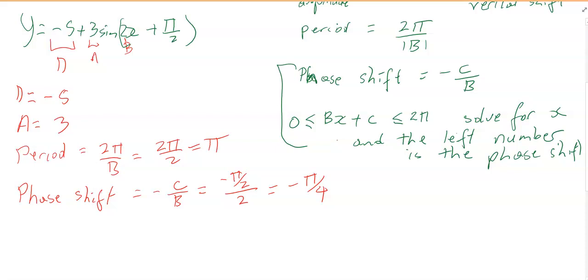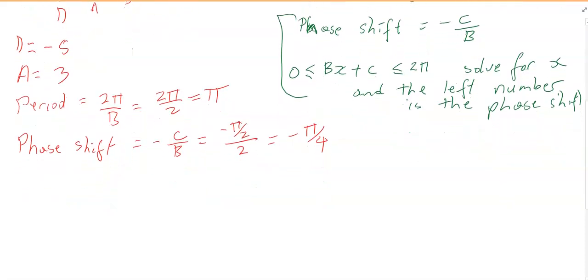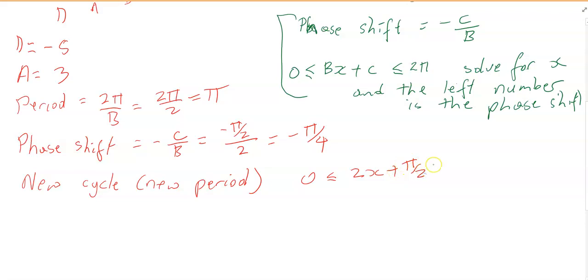Then we need to make a graph. To find the new cycle, or the new period of this function, remember one period of sine went from 0 to 2 pi. So we set the 2x plus pi over 2 between 0 and 2 pi, and then solve for x.